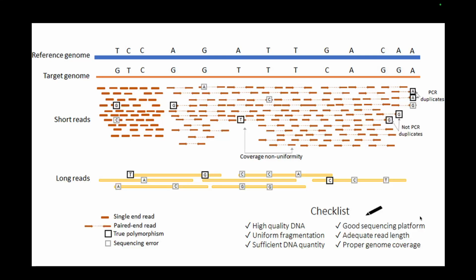So if you keep that in mind, if you are trying to align an Indian genome to a European genome, you'll find far more variants compared to if you align a European genome to a European genome. So that thing also you need to keep in mind. Where is your sample coming from?